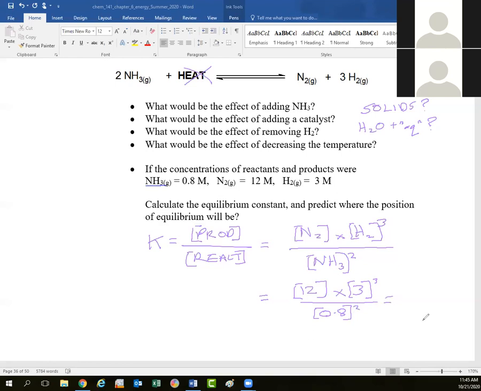So simplifying that, 3 to the power of 3, 3 times 3 is 9, 3 times 9 is 27. So 27 times 12, 10 would be 270.